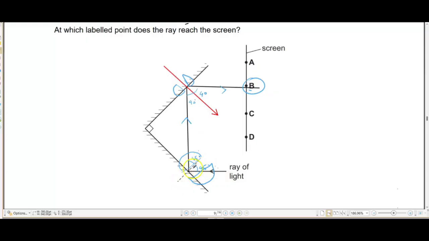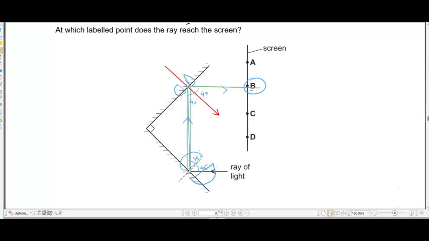So firstly, this was the normal line. This was the incident ray, and I kept a protractor over here. And let's change the color of the lines that I've drawn, from the ones that were already there in the exam question. Okay. So now I've changed the color of the lines that I have drawn.